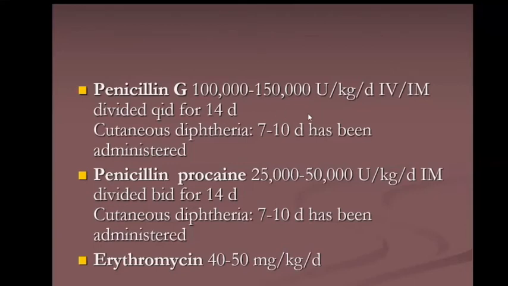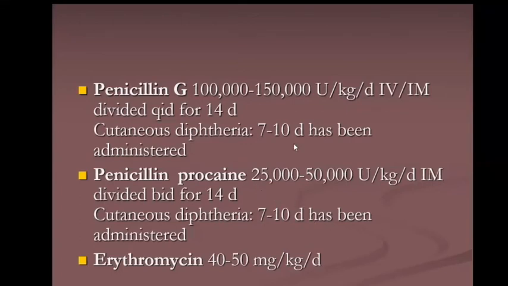Penicillin G is 1 lakh to 1.5 lakh units per kg in divided doses, 6 hourly for 14 days. In cutaneous diphtheria, a shorter duration of 7 to 10 days. And procaine penicillin 25,000 to 50,000 units.